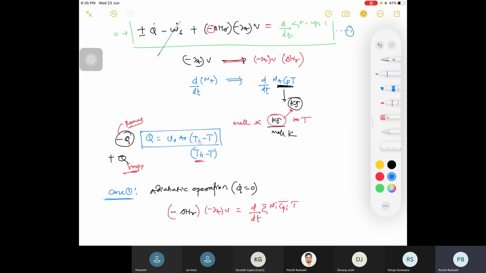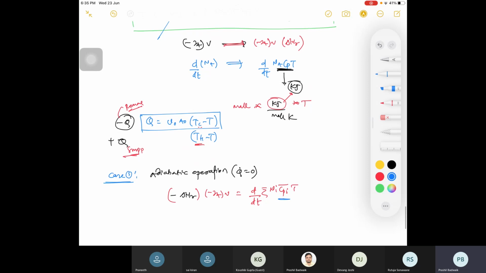Okay, Kaushik, can you please tell what is this Cp here? Is it molar or mass? Molar. Right?